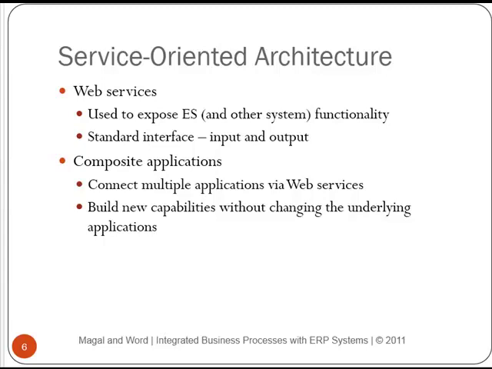Think about you and me. If I start speaking, for example, Japanese, you will not be able to understand me. The only way that we can communicate is through what we call a common language. The technical term actually is not a common language, it's a common interface or a standard interface.